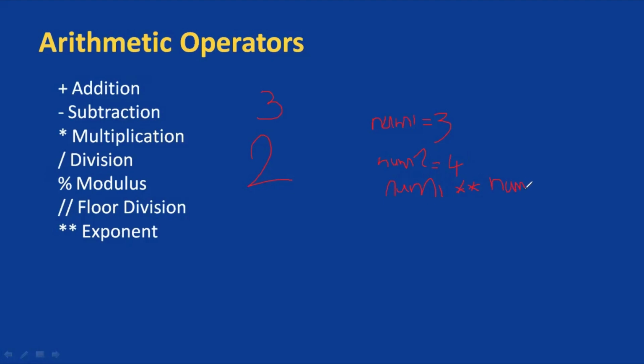It is 3 power 4, which means 81. Is it 81? Clear? This is the function the exponent is doing.